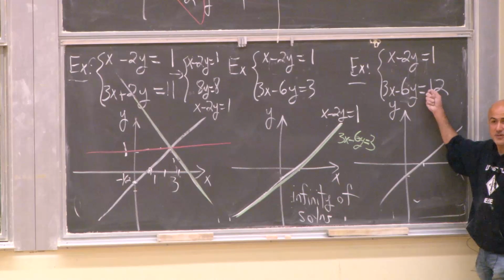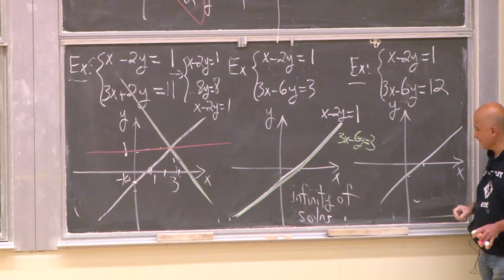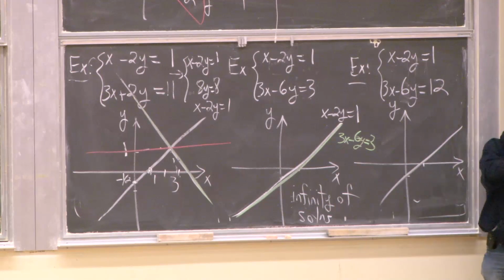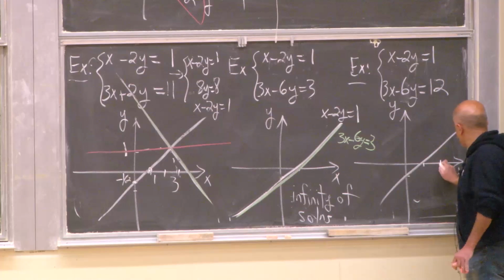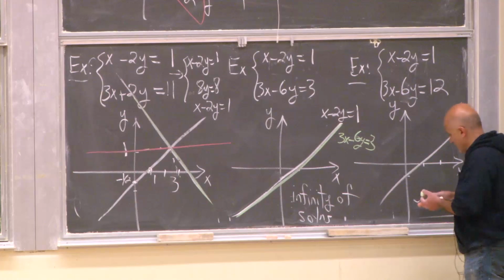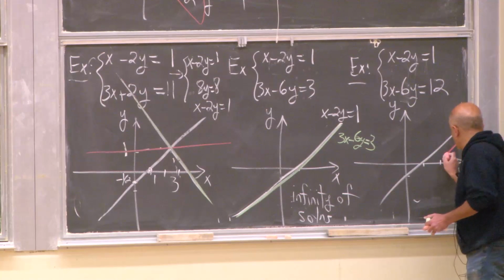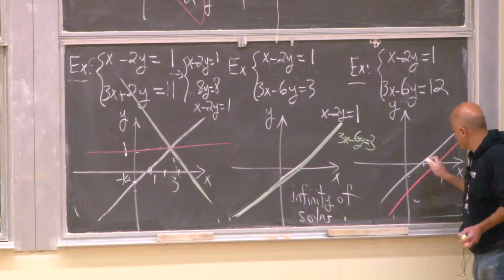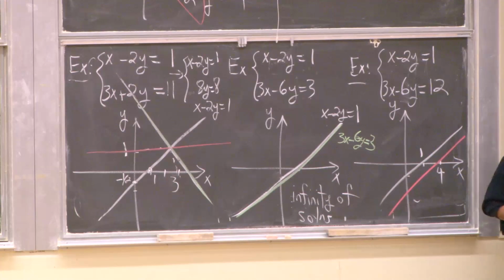Can you draw the line for this one? Where the intersects? X-intercept is at 4, and the y-intercept, okay, as long as I know that, I can draw the line. This is 4. Figure not drawn to scale.